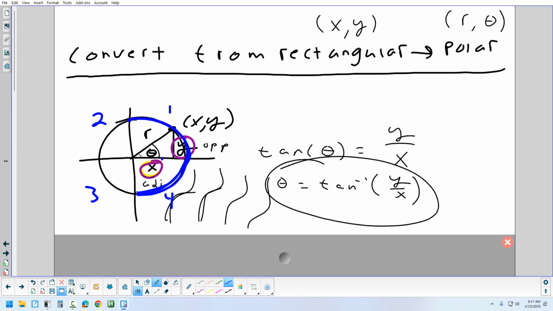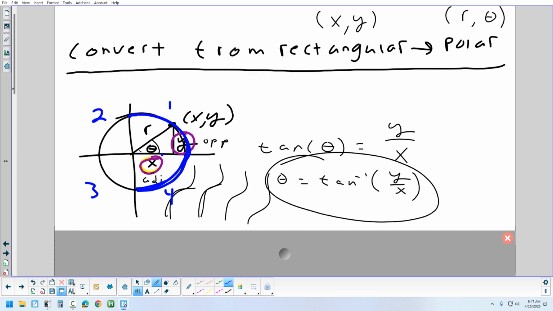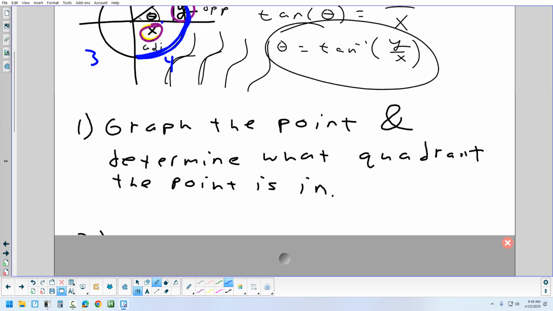You have to add a number, arithmetic, to make all the answers shift to the other half. Plus pi if you're in radians, or plus 180 if you're in degrees.